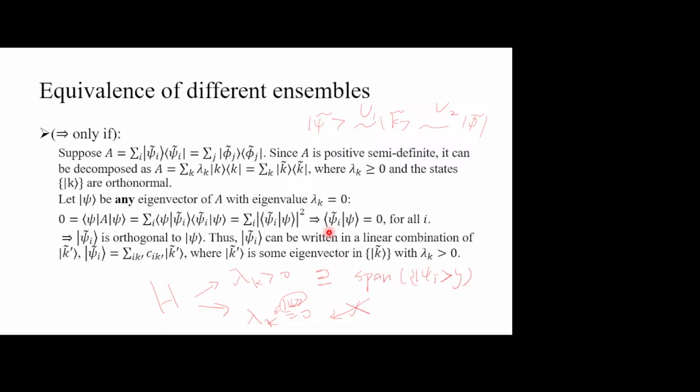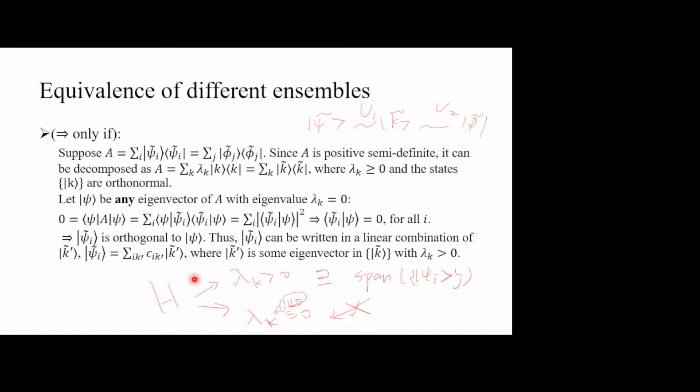That means each one of them equals 0. So whatever vector phi is inside this 0 space, it has 0 overlap with all of your psi. That means the span of your psi has no component in this zero space, so it's in this lambda k space.